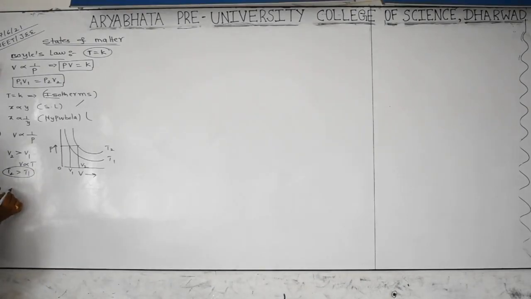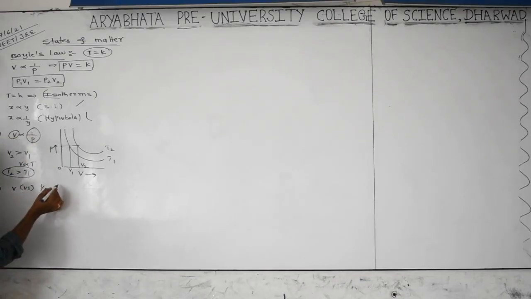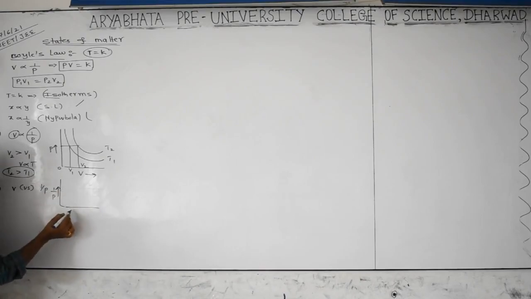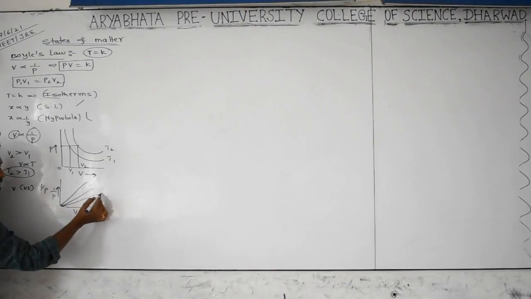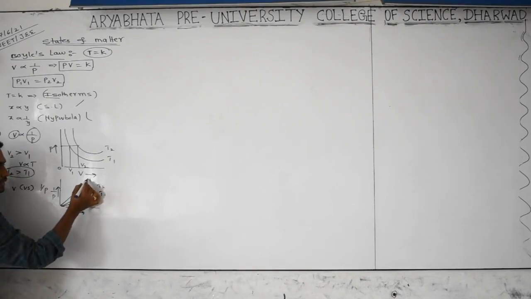Here we have to plot a graph between volume versus 1 by P. This is like x and y, directly proportional. On the y-axis 1 by P, on the x-axis volume, then you get straight lines at temperatures T1, T2, T3.